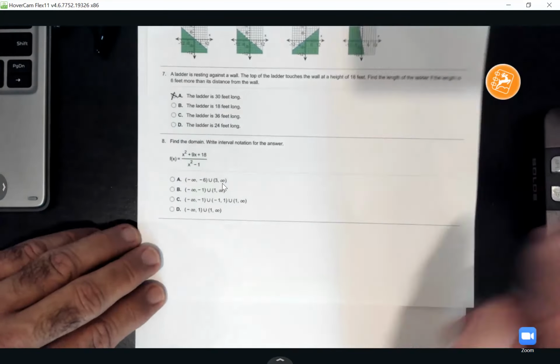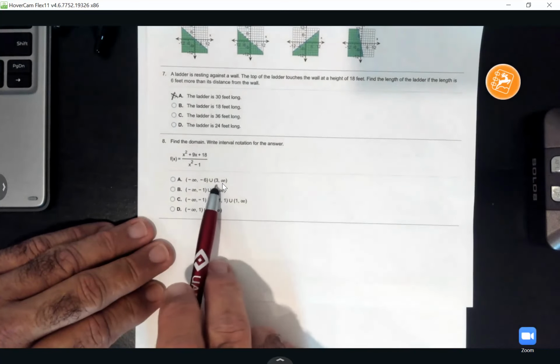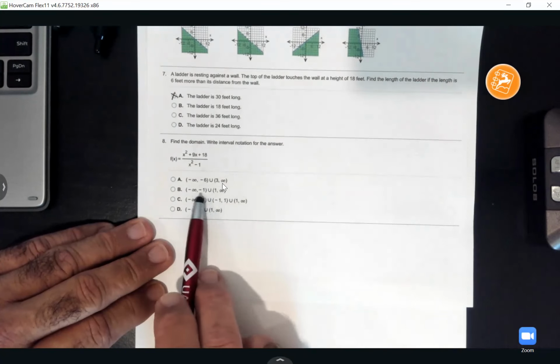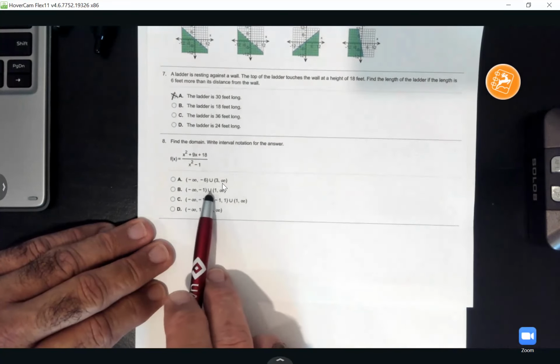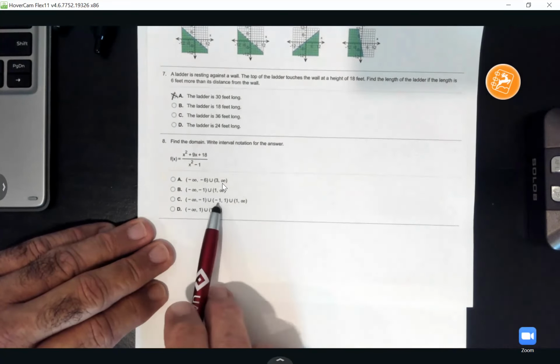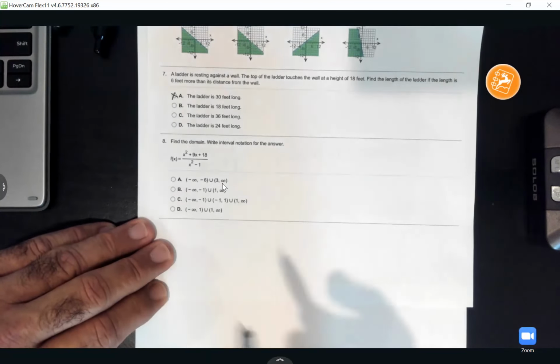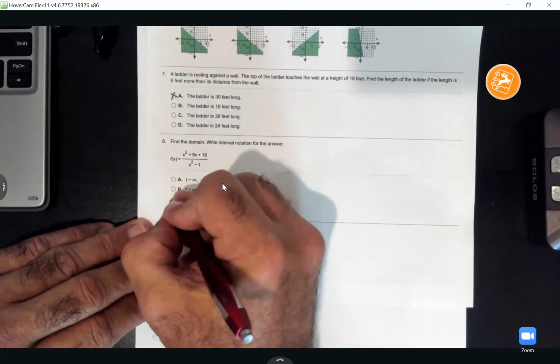So see, they'll have them answers here. So that one, they must work with the top. This one, they didn't put the interval from -1 to 1 on it. You got to have that -1 to 1 interval in the middle. So the only choice you can put on this would be C.